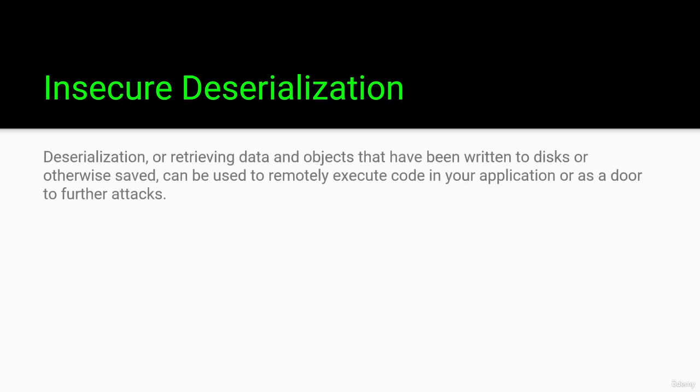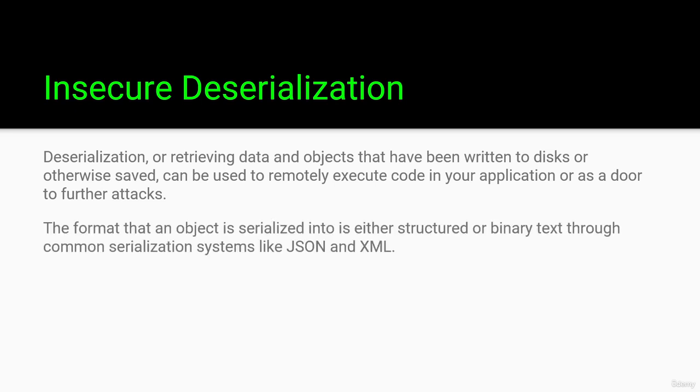Insecure deserialization. Deserialization, or retrieving data and objects that have been written to disk or otherwise saved, can be used to remotely execute code in your application or as a door to further attacks. The format that an object is serialized into is either structured or binary text through common serialization systems like JSON and XML.